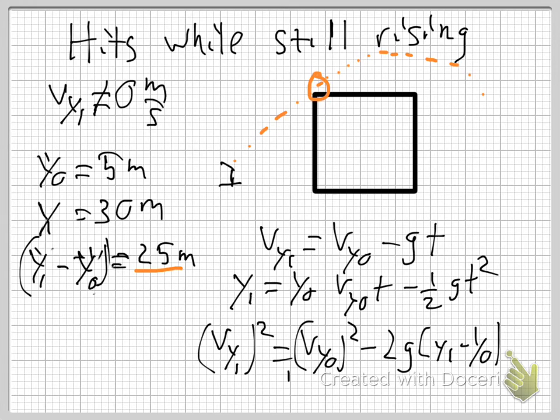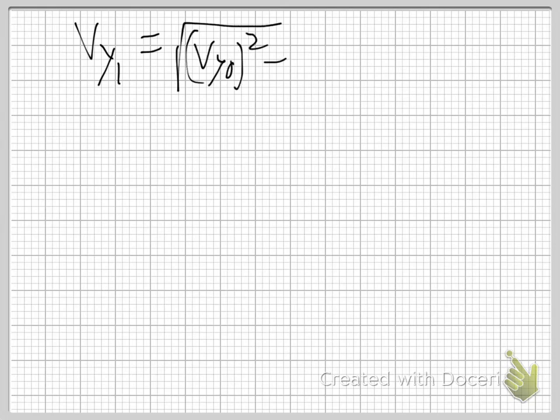Luckily, since we are solving for this, we know the difference in height, we know gravity, and we know the initial velocity. This is pretty easy. So Vy1 is equal to the square root of Vy0 squared minus 2 times g times (y1 minus y0).